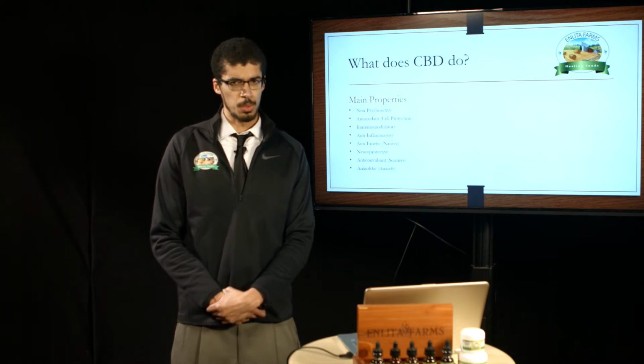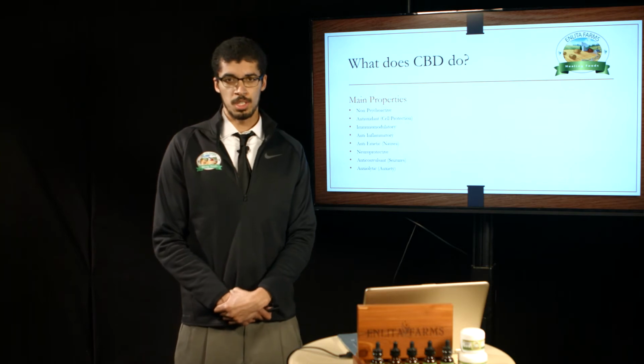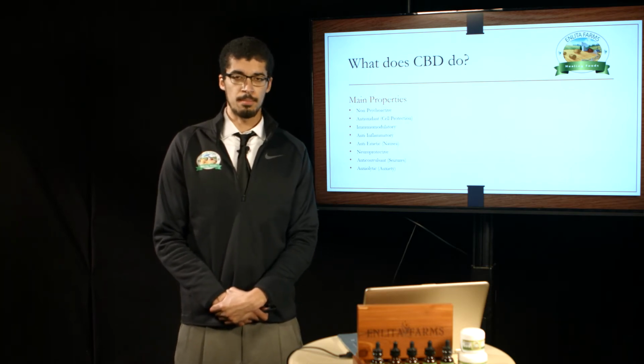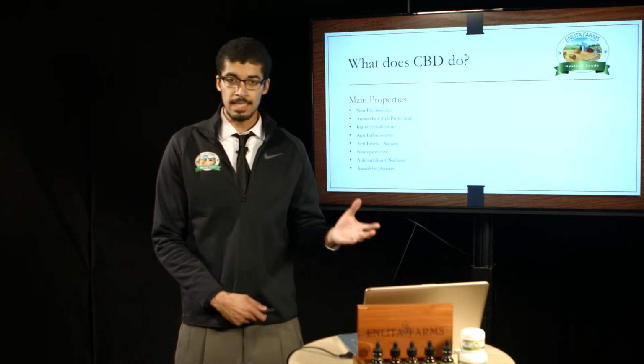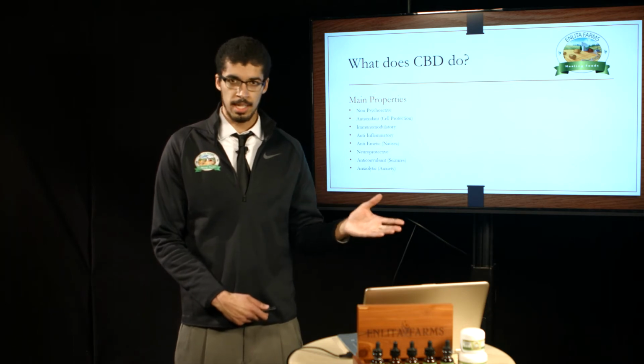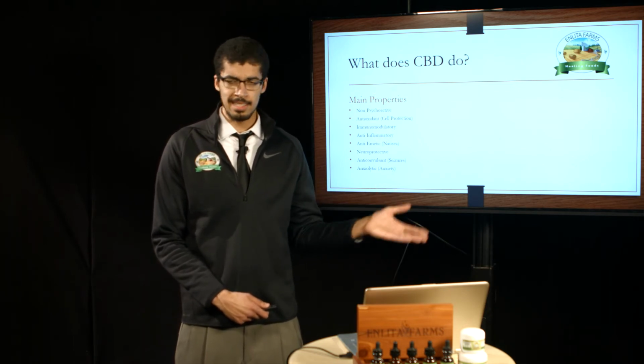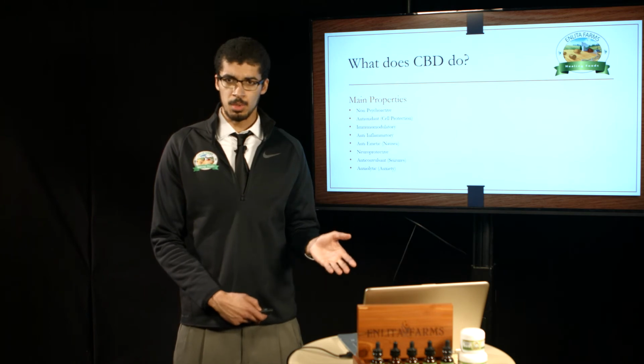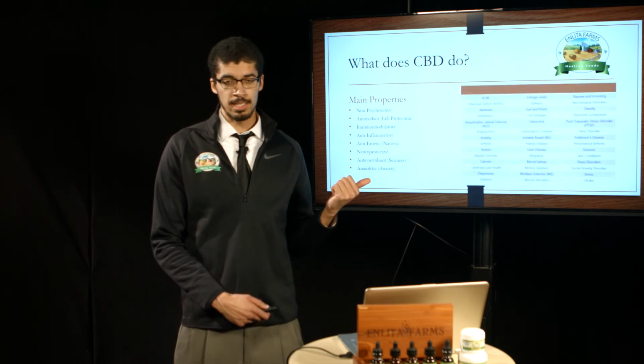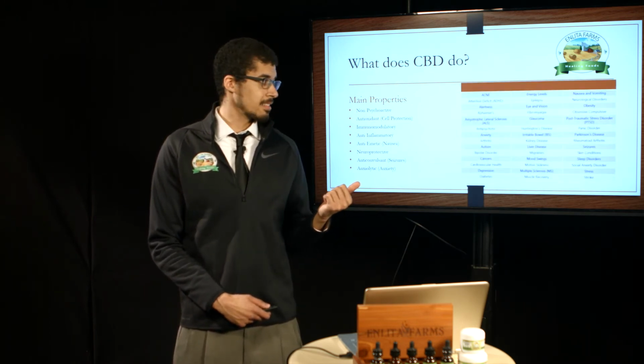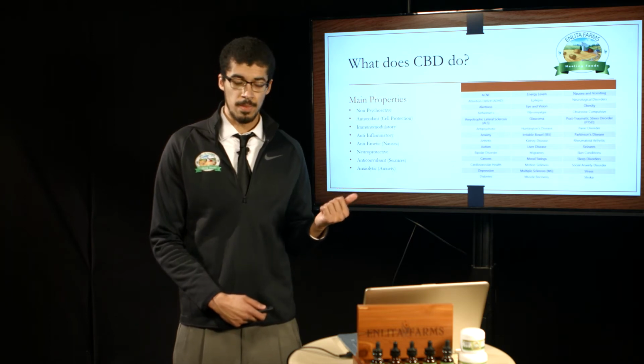So what does it do? Anybody who does a Google search is going to be overwhelmed by the amount of things that it helps with, the subjects that it's reported to do and the studies on it. And this becomes rather difficult when we take a look at the master list here. It's kind of nuts, and that's not even all of it now.